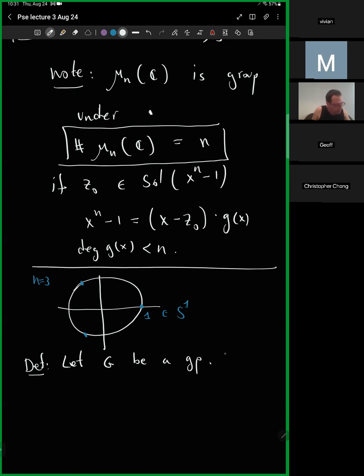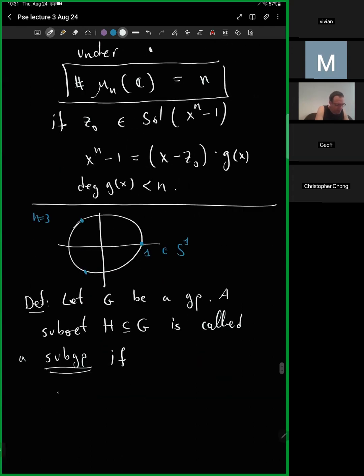A subset H in G is called a subgroup if, well, we need a few conditions.